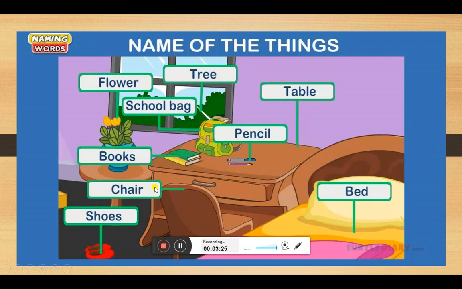Or they can be plural, which means more than one. So, if we're talking about one, it will be one book. And if we're talking about more than one book, so we have books, shoes. So, the naming words or the nouns can come in two different forms. They can be singular, which means one thing, or plural.